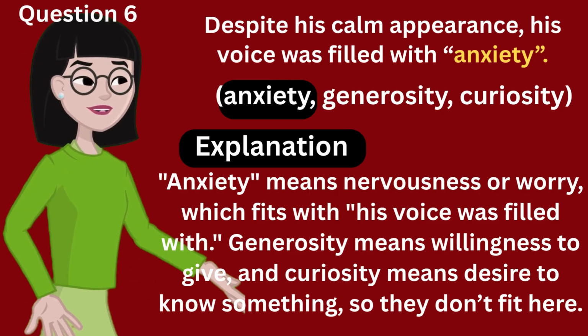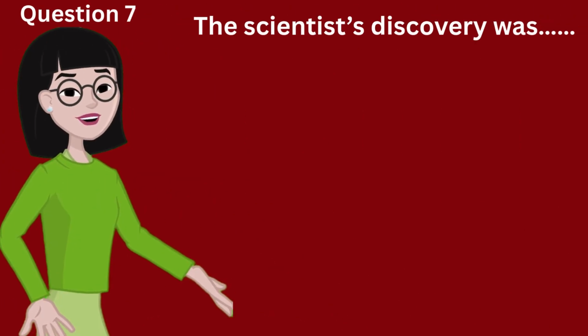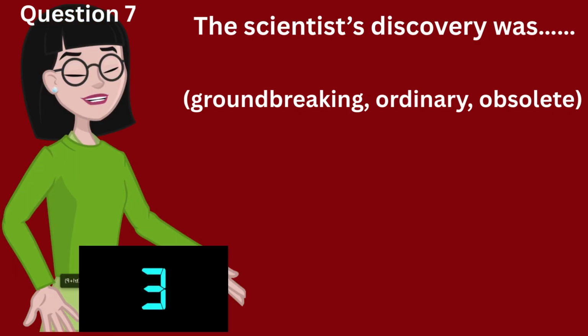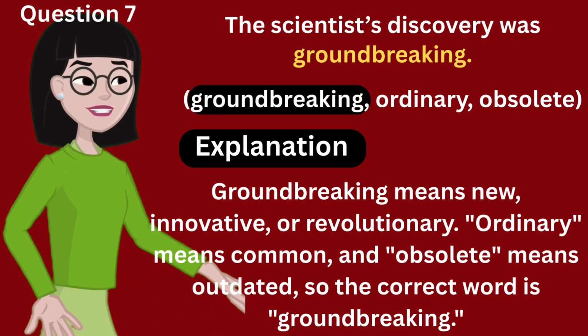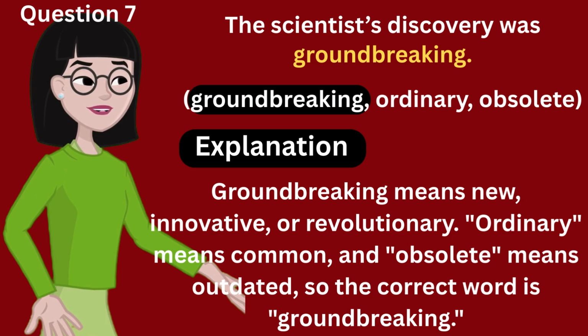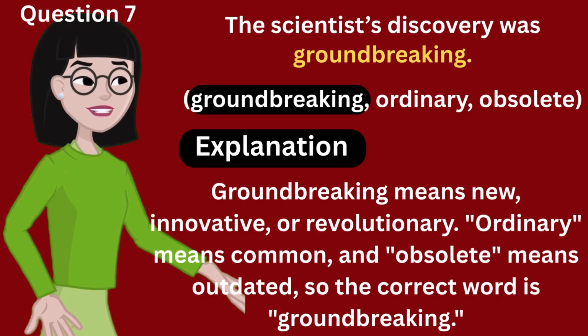The correct option is anxiety. Question 7. The scientist's discovery was groundbreaking, ordinary, obsolete. Groundbreaking means new, innovative, or revolutionary. Ordinary means common, and obsolete means outdated, so the correct word is groundbreaking.